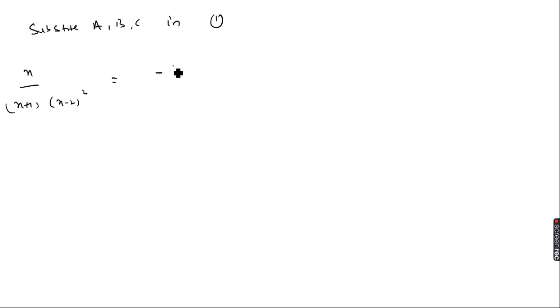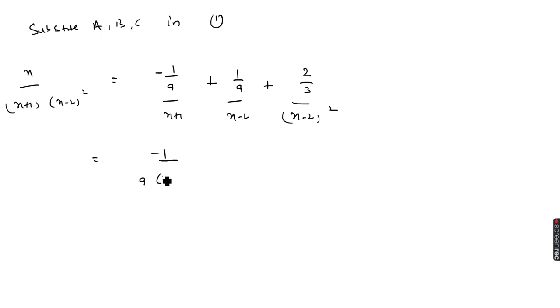The a value is equal to minus 1 by 9, so minus 1 by 9 into (x plus 1), plus the b value, 1 by 9 into (x minus 2), plus the c value, 2 by 3 into (x minus 2) whole square. Therefore we get minus 1 by 9 into (x plus 1) plus 1 by 9 into (x minus 2) plus 2 by 3 into (x minus 2) whole square.